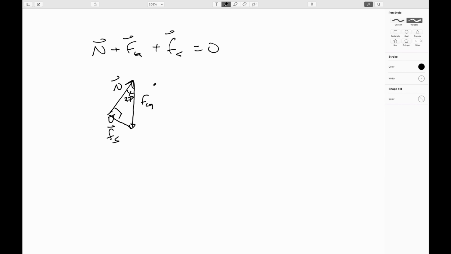So you can go ahead and just do the trig directly off of this if you prefer. We can say that Fs, the ratio of Fs to N, has to be the tangent of the angle, in this case 37 degrees, because this is the opposite and that's the adjacent.